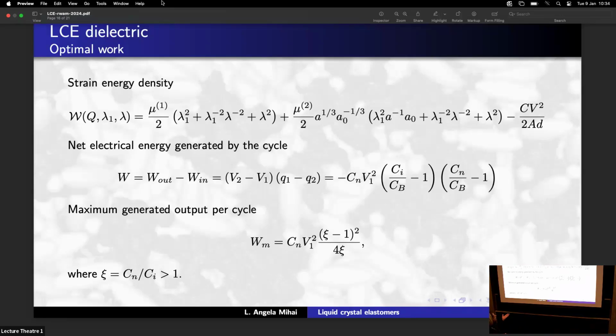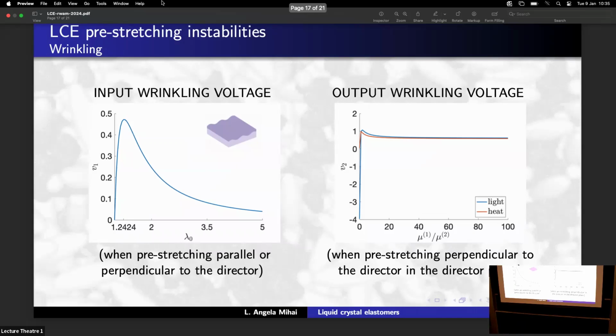The net electrical energy will be the output minus the input, and then we try to find the maximum generated output for this model.